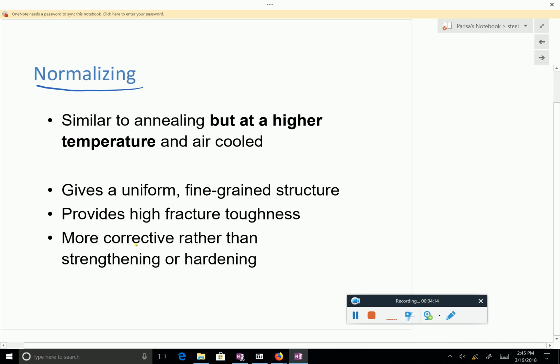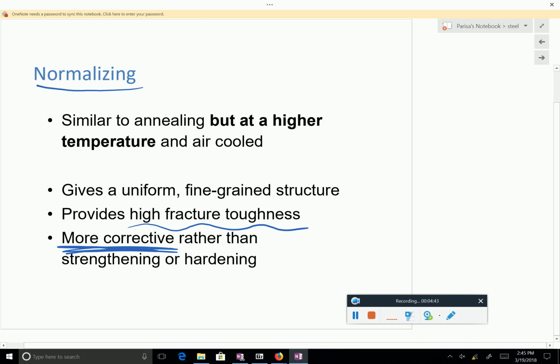Normalizing is more corrective compared to, let's say, hardening or other strengthening methods. It is similar to annealing but at a higher temperature. It gives a little bit higher strength after annealing to compensate for the loss of strength. And it provides high fracture toughness. We have talked about fracture toughness before. Resistance to brittle fracture.